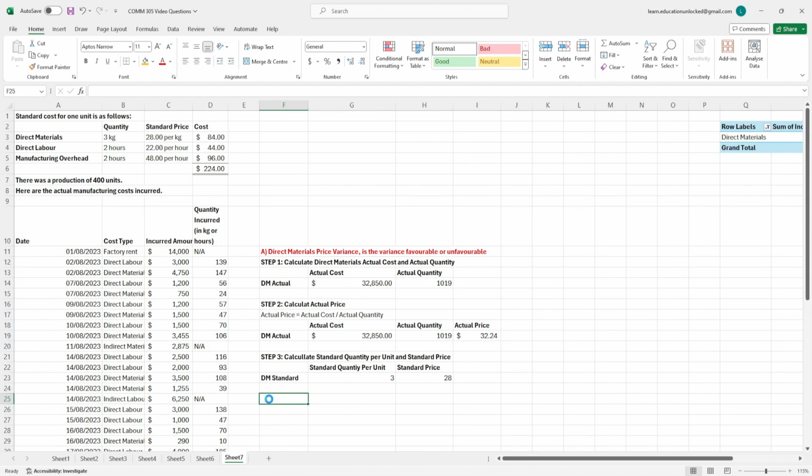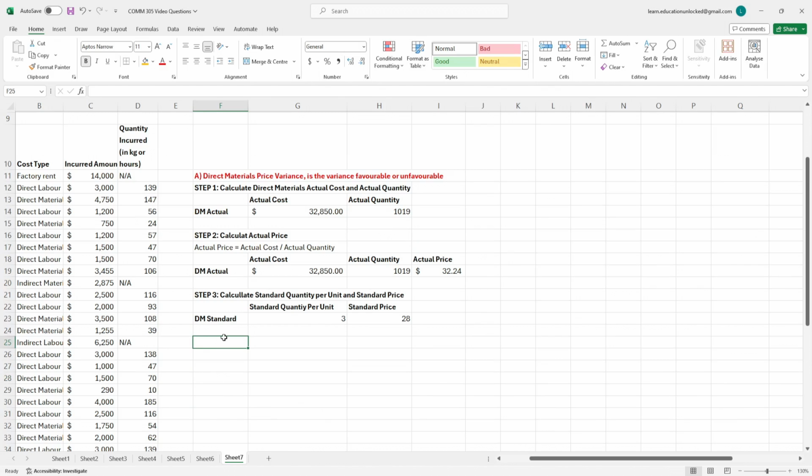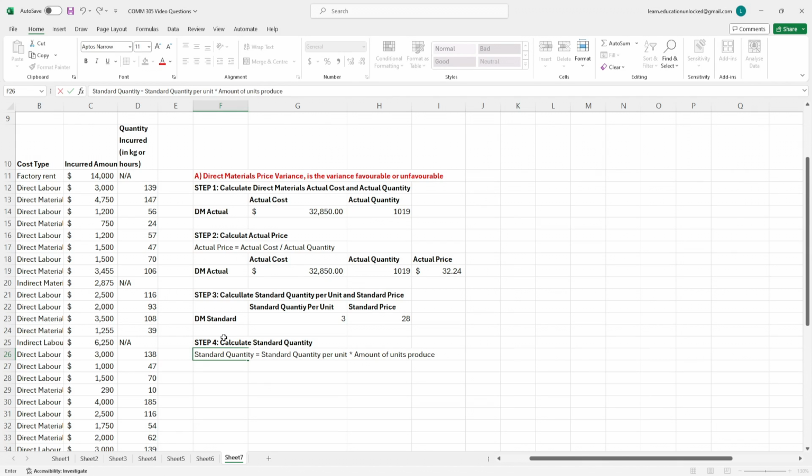But for step four, I'll make this bigger just so you guys can see better. Step four is to calculate our standard quantity. And so standard quantity is equal to standard quantity per unit times the amount of units produced. So our standard quantity per unit, I'll redo the table.